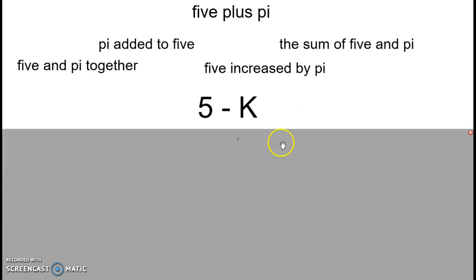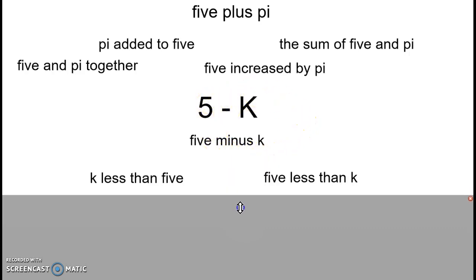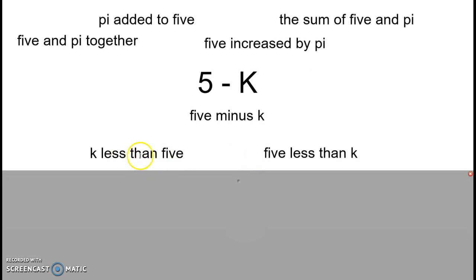With subtraction, the most common word we use is minus. Okay, 5 minus k. Everyone understands that. But when we get to using different terms like less than, you get into the case where you can't flip the variables and the constants. You can't change the order or else the problem will be incorrect.